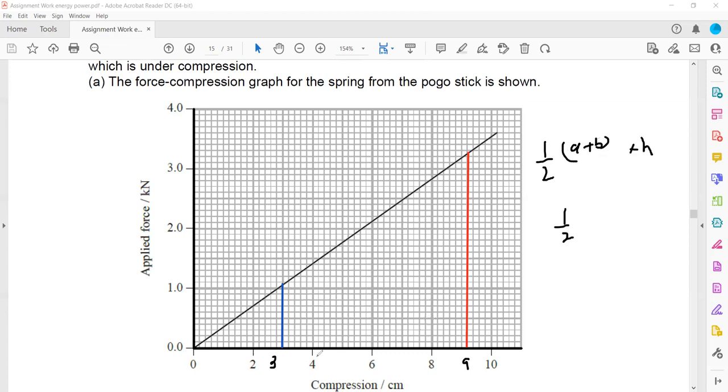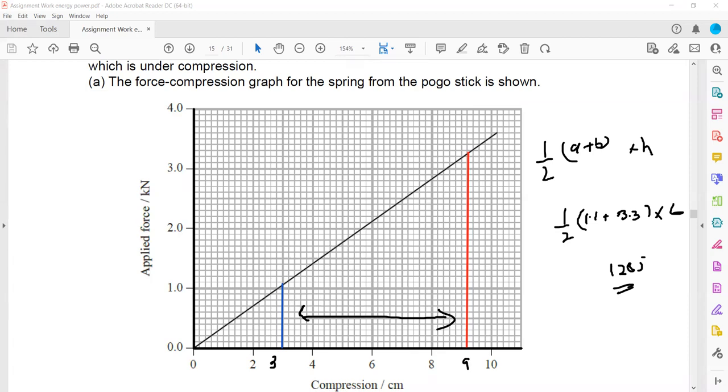One parallel side is 1.1 and the other one is 3.3. So it will be 1 by 2 into 1.1 plus 3.3, and into the height, that means the distance between the two parallel sides, that is called h, which is equal to 6. So we substitute, and we'll get about 128 joules.